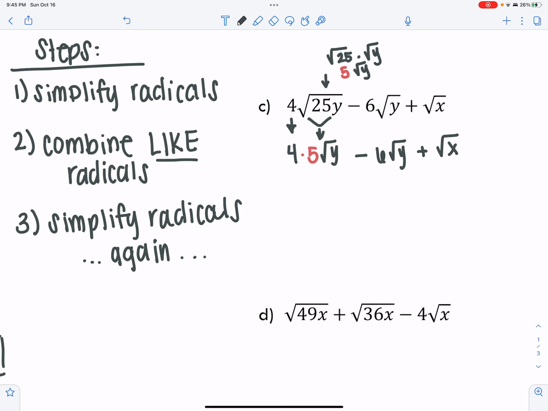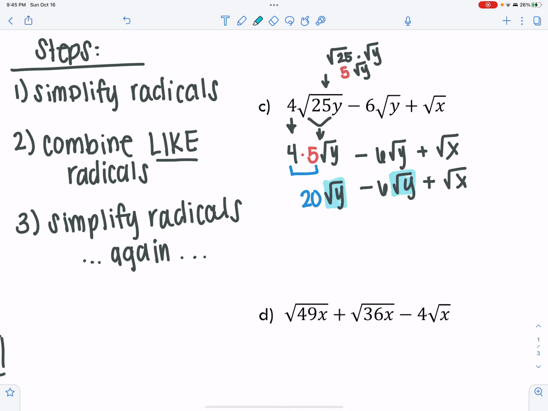Now I have like terms. I need to do a little simplifying first with that 4 times 5. It's going to give me 20, and then carry everything else down. Now I'm going to combine like terms because I have officially like terms.